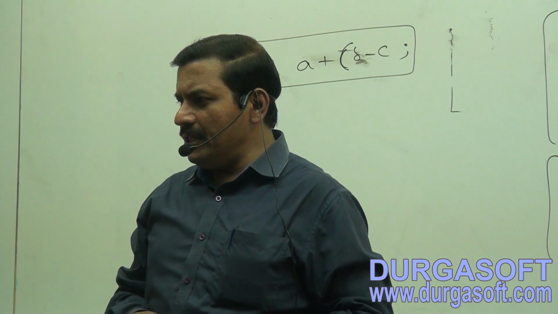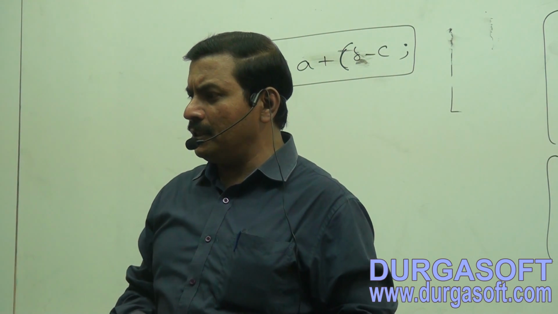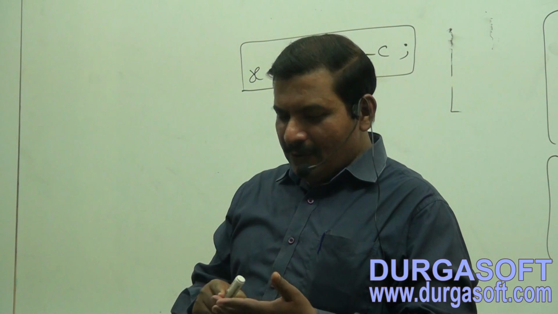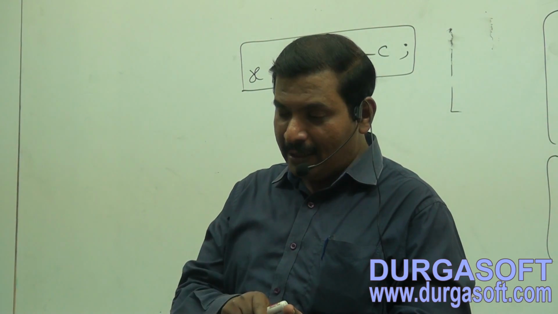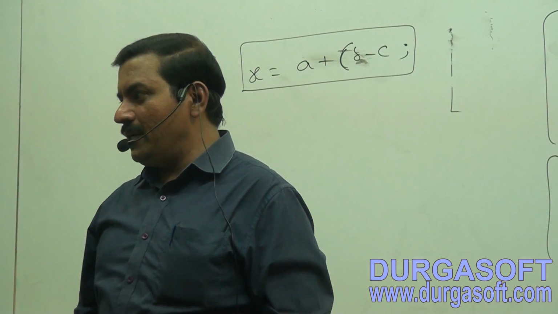How the compiler says some right parenthesis or left parenthesis is missing is by using a stack data structure. Internally, whether that arithmetic expression is syntactically correct or incorrect is tested by the compiler by using a stack data structure.